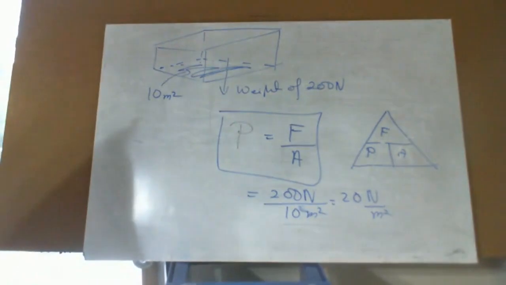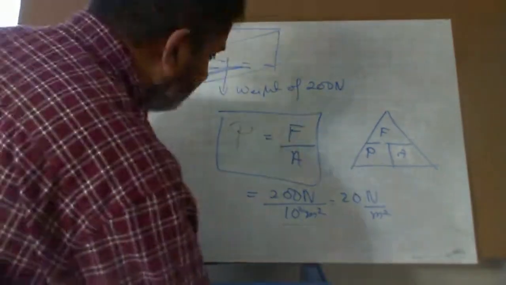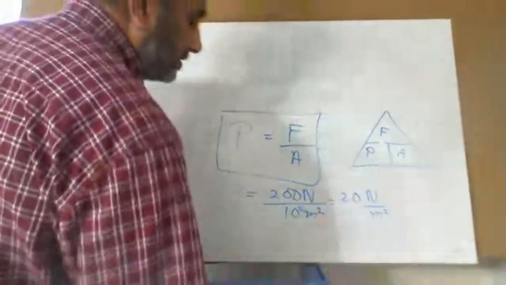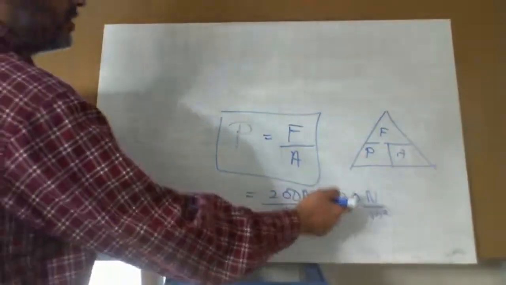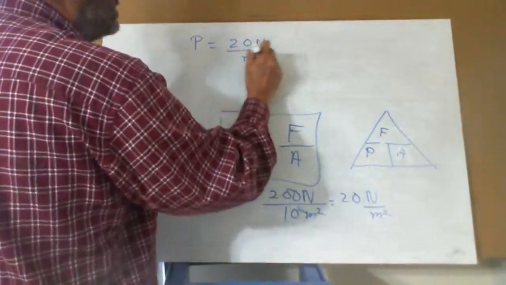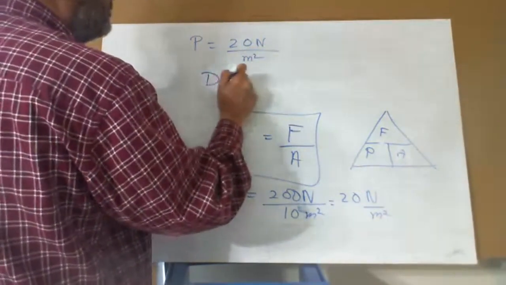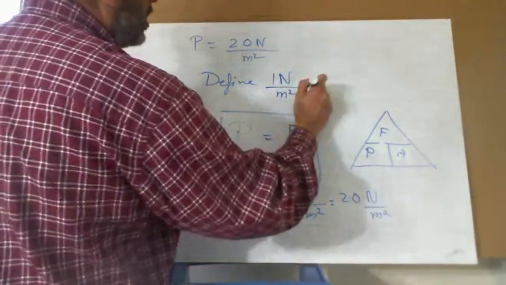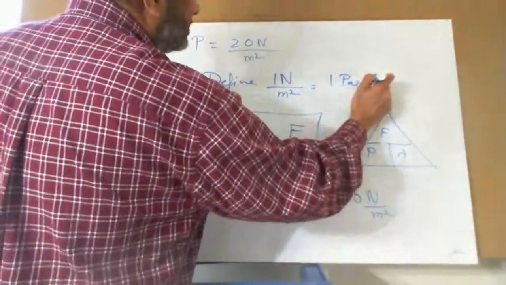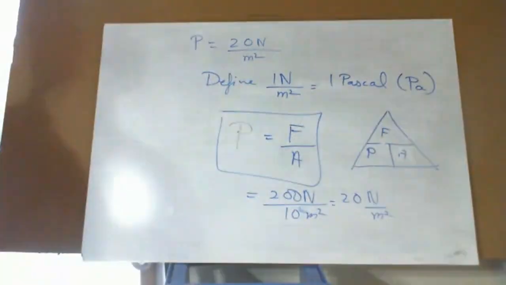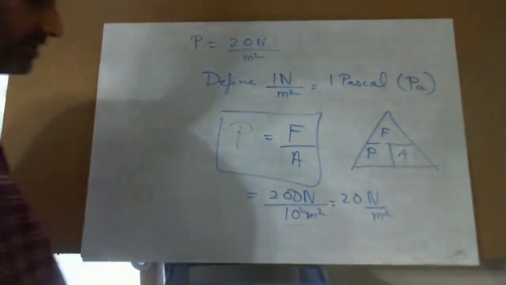So the pressure is 20 newtons per square meter, and we define 1 newton for every square meter as 1 Pascal of pressure, which we write as Pa.